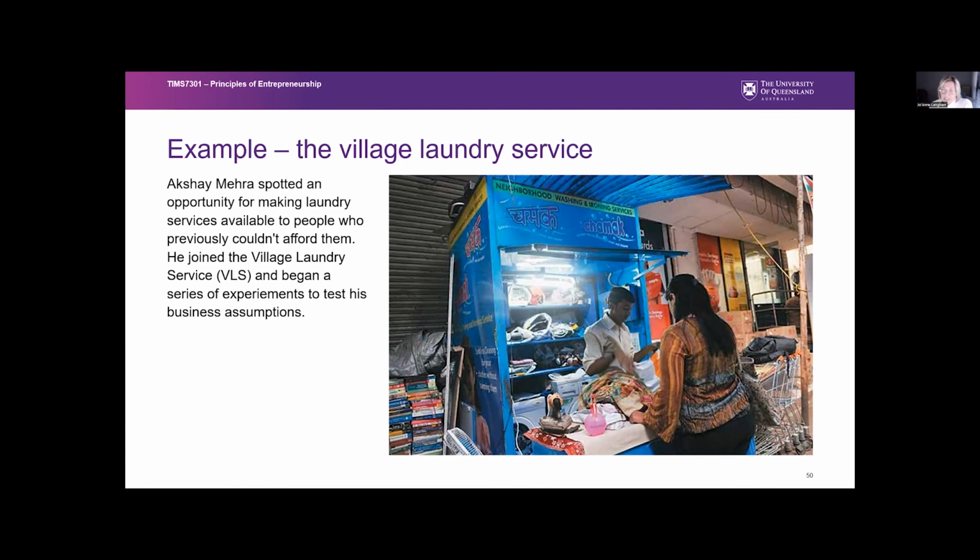As a result of these experiments, the village laundry service created booths measuring 6 by 6 feet that use modern washing methods such as good quality detergents, and they're highly efficient using front load washing machines. The booths are operated by an entrepreneur who is trained and mentored by the village laundry service. And this allows lower income individuals to generate additional income, to be self-sufficient and to improve their lives.